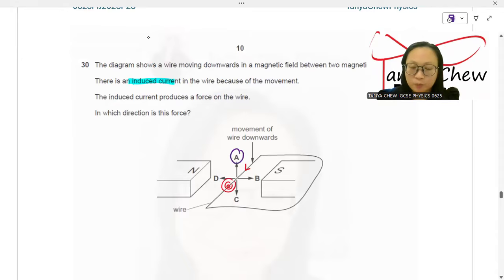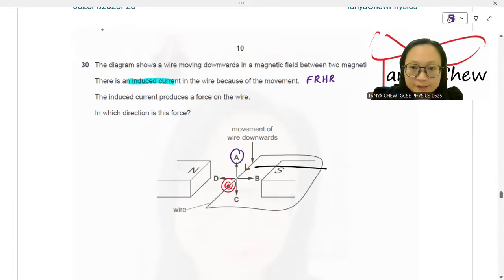So still remember, when you see the induced current, first of all, there is an induced current, but the question did not give you the direction of the induced current. So you have to determine the direction of the induced current. How do you determine? Using your Fleming's right hand rule first. So once you have the direction of the induced current, okay, I better write it for you.